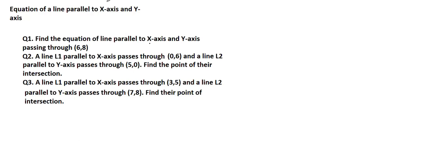So we can easily see that the equation will be something like y is equal to c1 for parallel to x-axis, right? Now the only thing which can satisfy this y is equal to c1 for this point given here is y is equal to 8, right? So this is one part of the question solved.